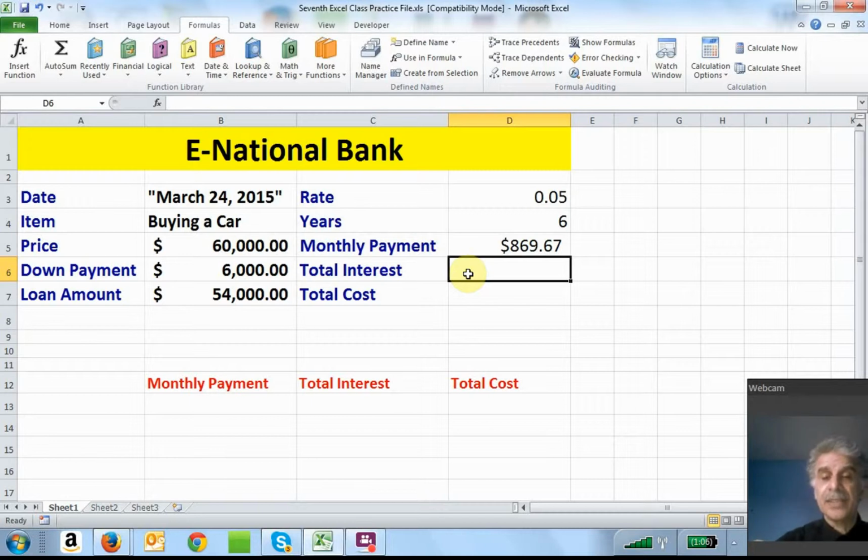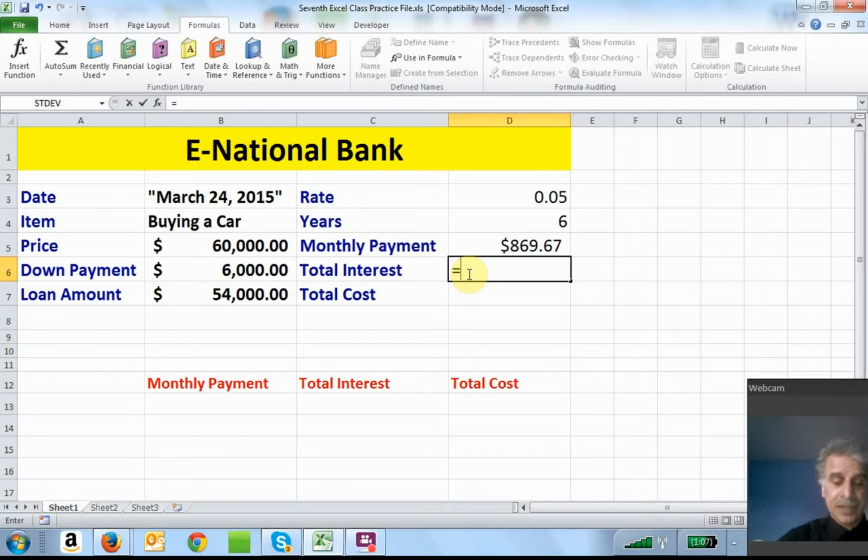I'm saying, okay, each period, I am paying $869.67. And so how much total interest I pay at the end of this when I repay the loan.